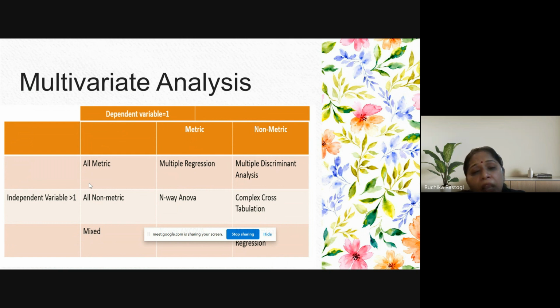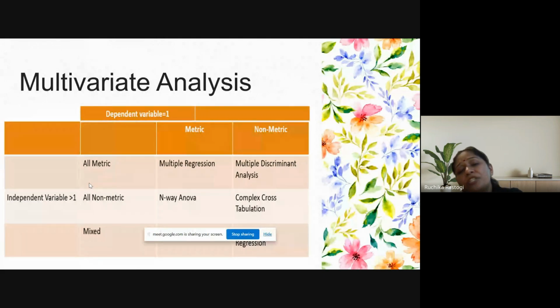Structural equation modeling actually helps to see the interrelationship between independent and dependent variables. If in future I get the opportunity, I will discuss these two tools, SEM and CFA. When you have many variables and want to check the relationship between them, especially when there are two dependent variables, it is better to go with SEM and CFA.